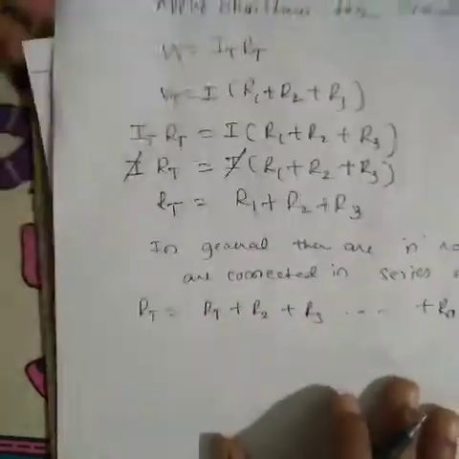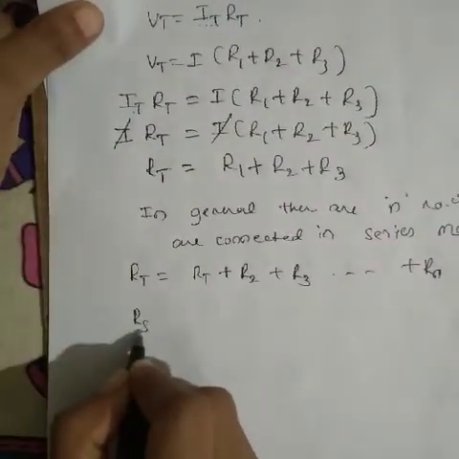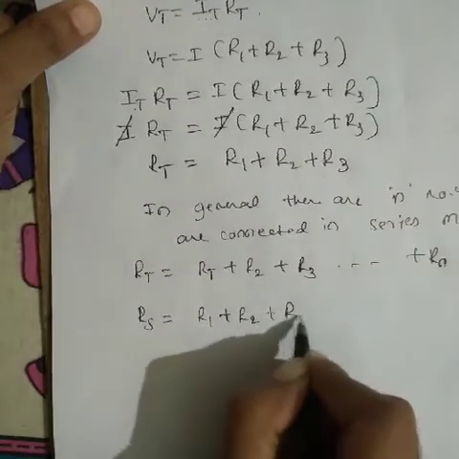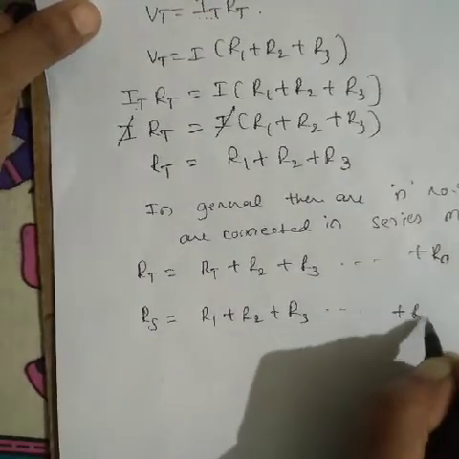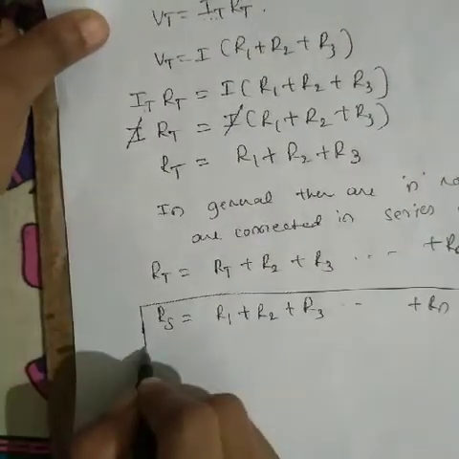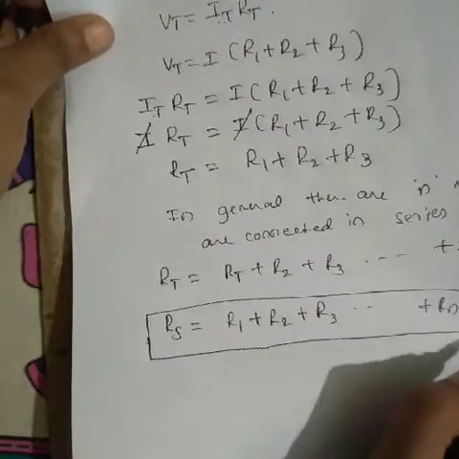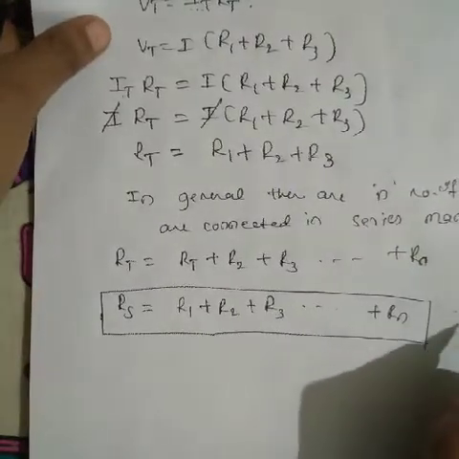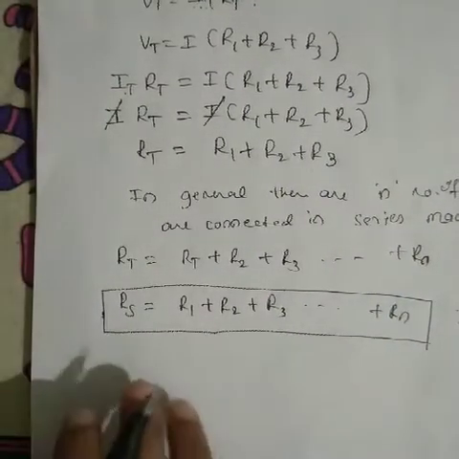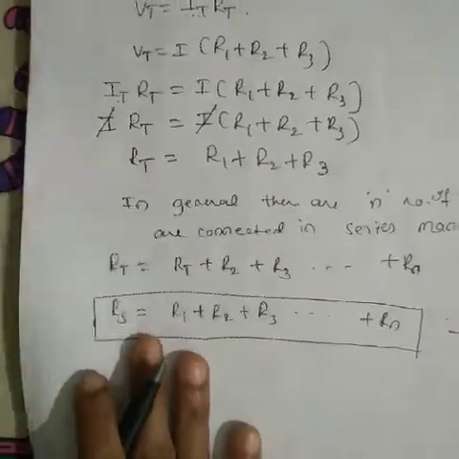You can refer to RT as RS for series. RS is equal to R1 plus R2 plus R3 up to Rn. This is your equivalent resistance for series electric circuits, measured in ohm. This is the analysis of series electric circuits.